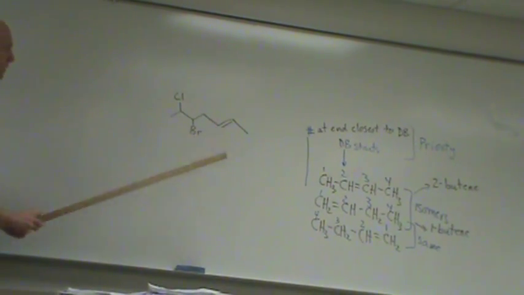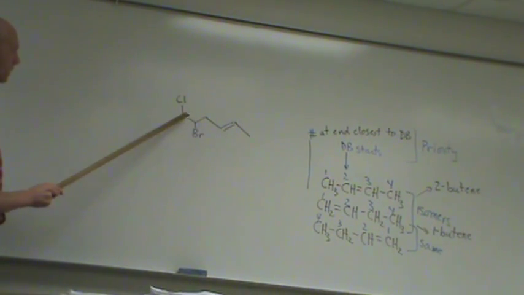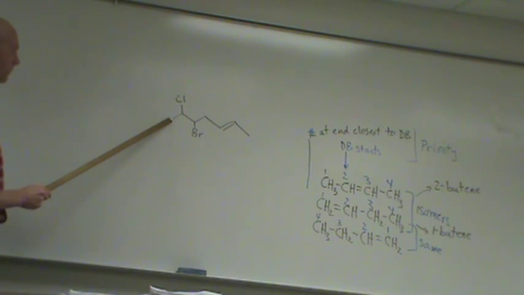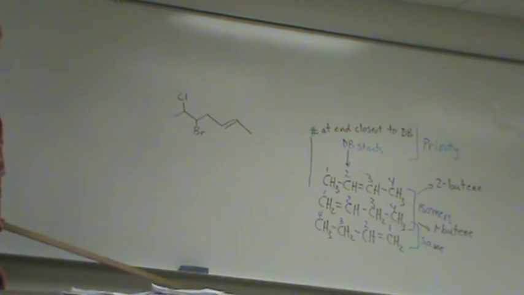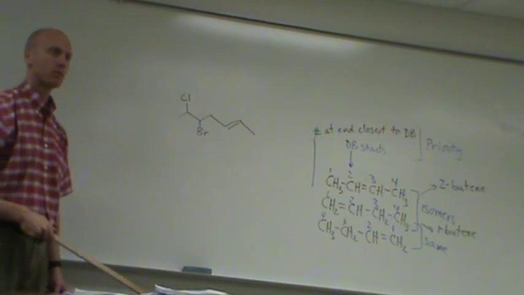The left or the right? The right. Yeah, see that? It has priority over these. Normally, if there was no double bond, I would number from this end because the groups have priority. But now we have a new priority.